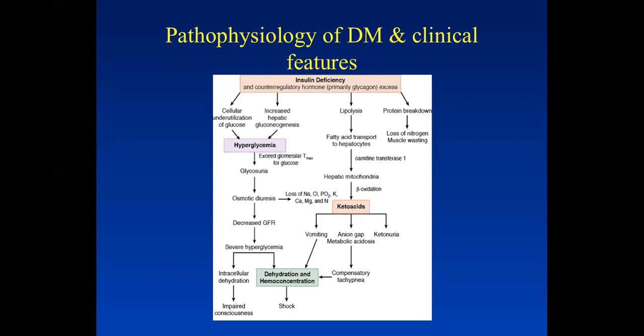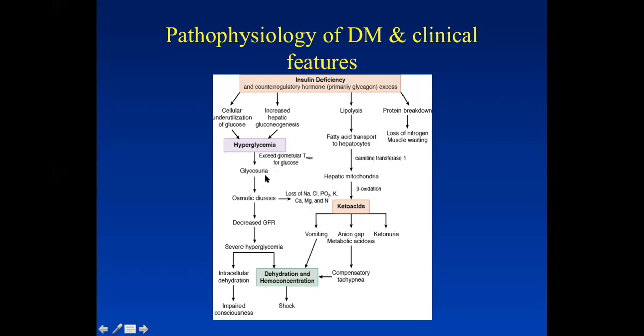Similarly, because they don't get glucose into the cells, they have increased hepatic gluconeogenesis and glycogenolysis, all contributing to hyperglycemia. When the blood glucose level exceeds a certain threshold, what we call the renal threshold, glucose passes in urine, causing glycosuria.